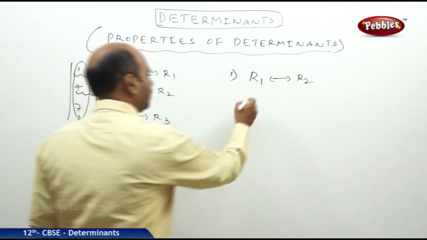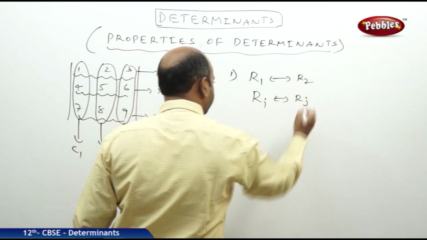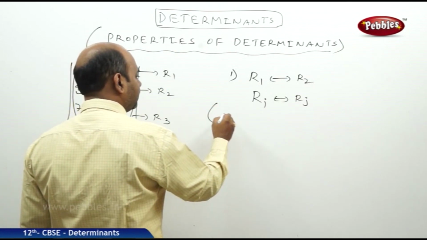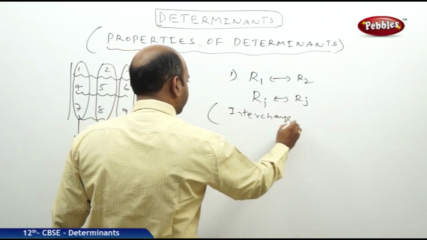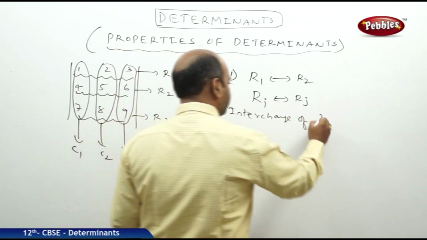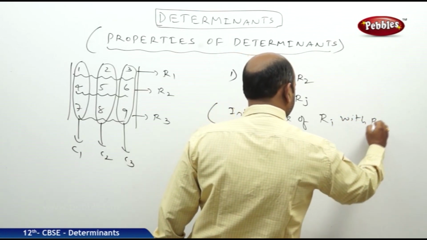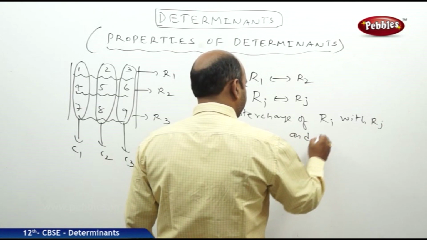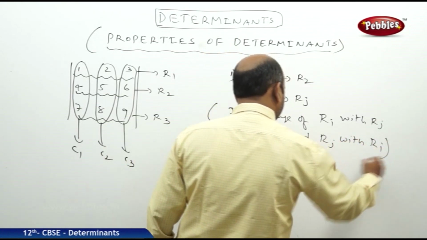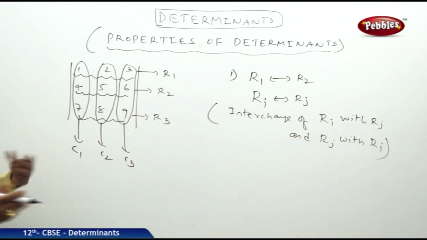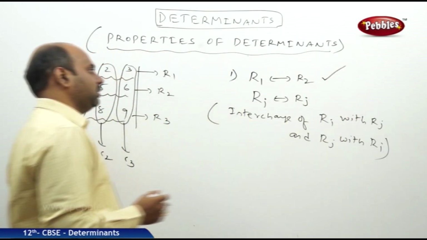In general, we shall be using Ri interchanged with Rj, that means interchange of Ri with Rj and Rj with Ri. For interchanging we will be using this symbol.